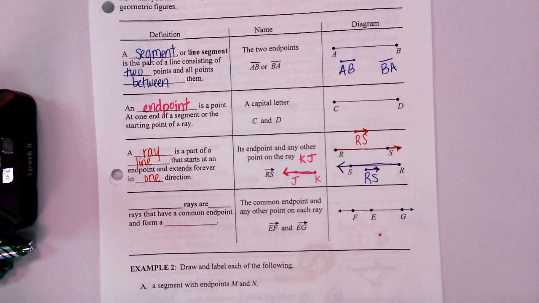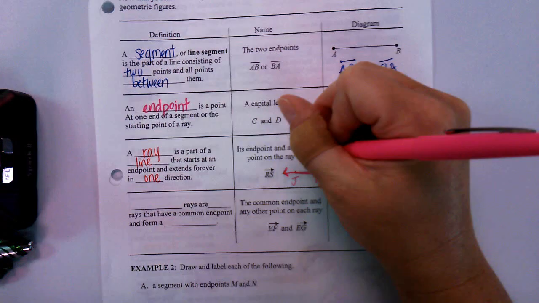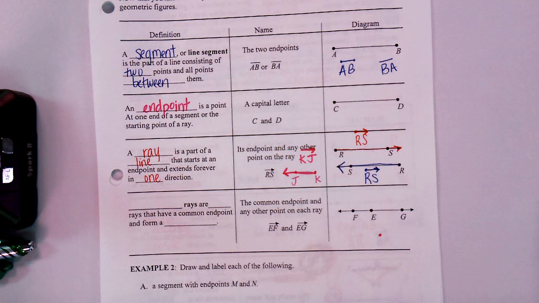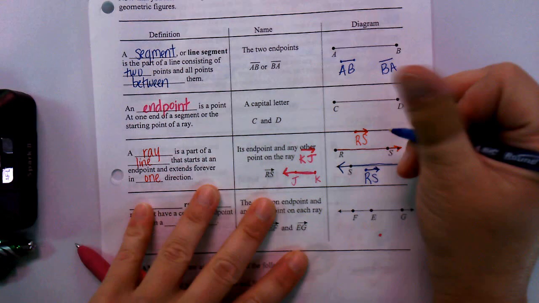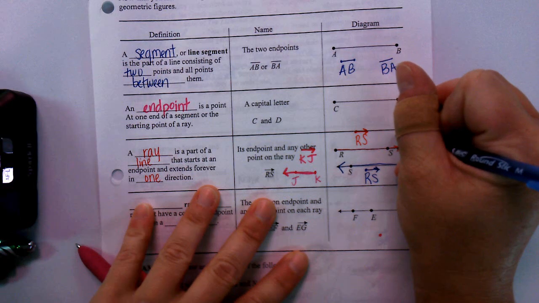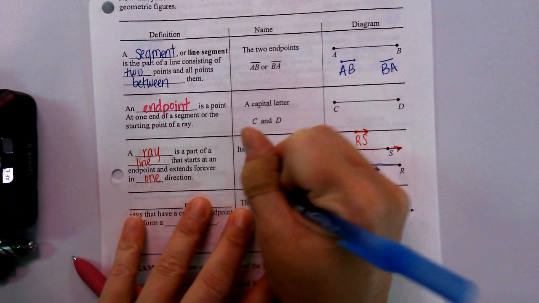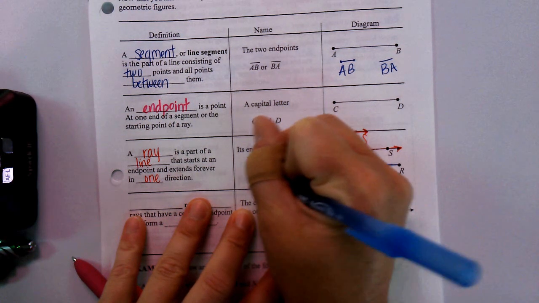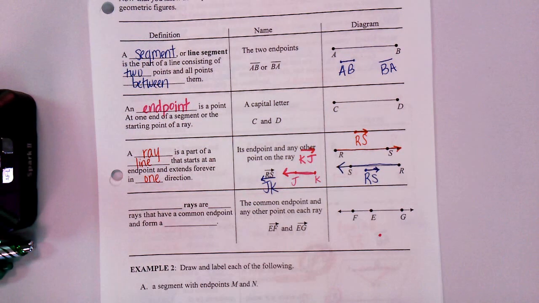Do you think it can be written the other way? If you switch them for me, like let's say you put JK and then the arrow to the left.